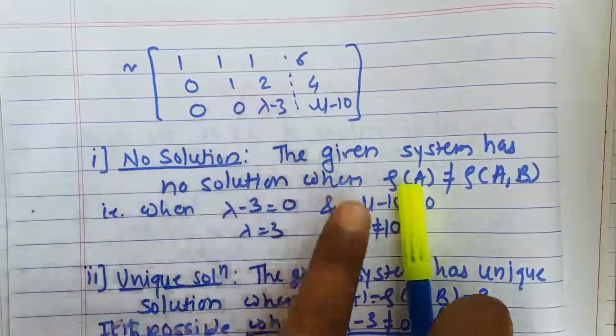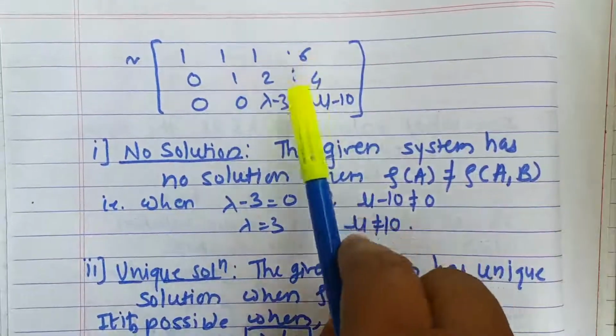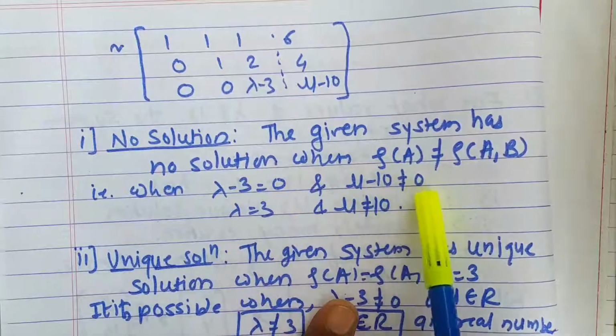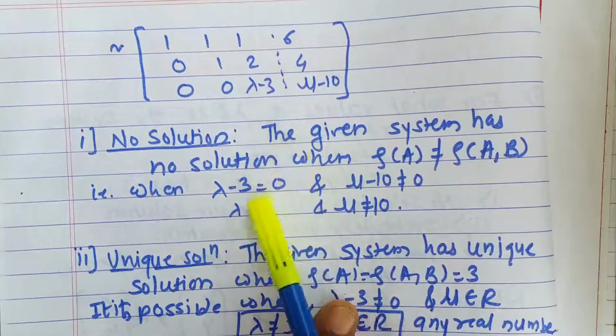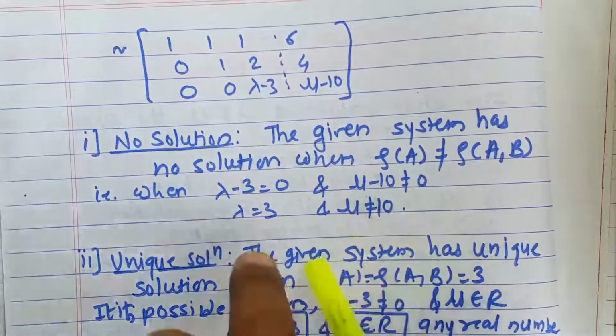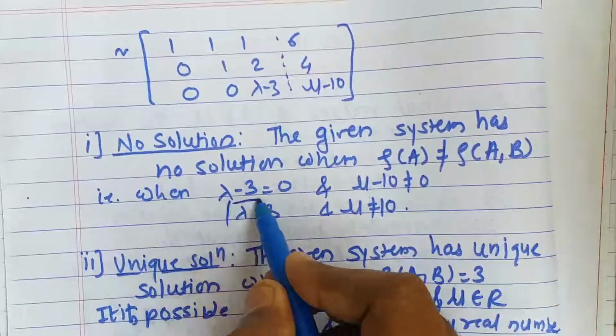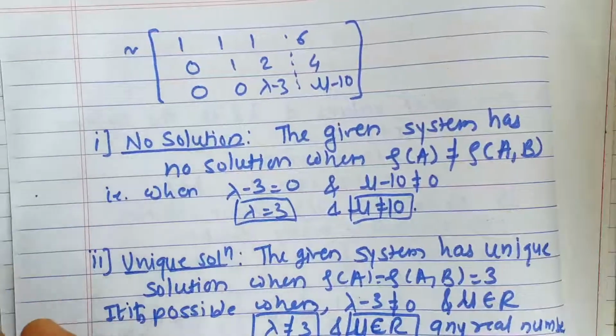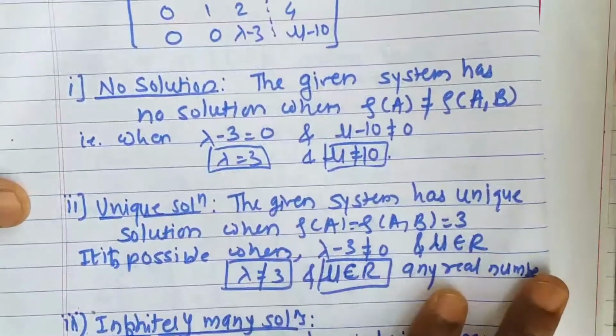In this case the ranks are unequal. Therefore the system will have no solution whenever lambda minus 3 equals 0 and mu minus 10 is not equal to 0, that is, lambda equal to 3 and mu not equal to 10. These are the conditions on lambda and mu for which the system will have no solution.